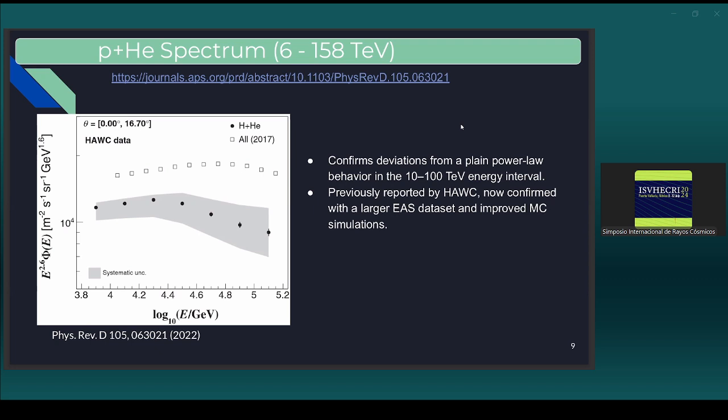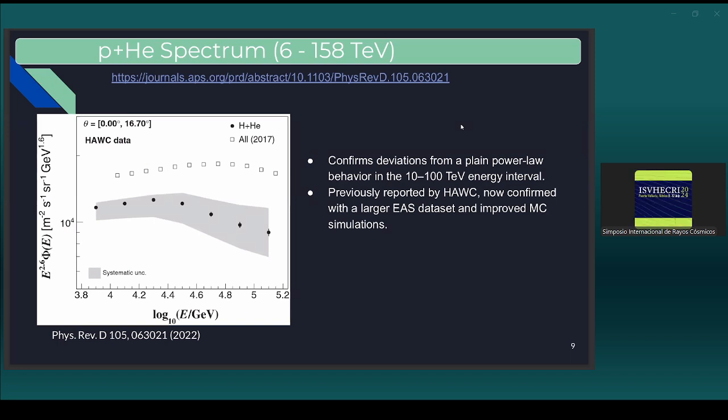We see that, in fact, we are still seeing this spectral break. It was shifted just a little bit. Before it was around 50 TeV, but now it is around 10 to 20 TeV.